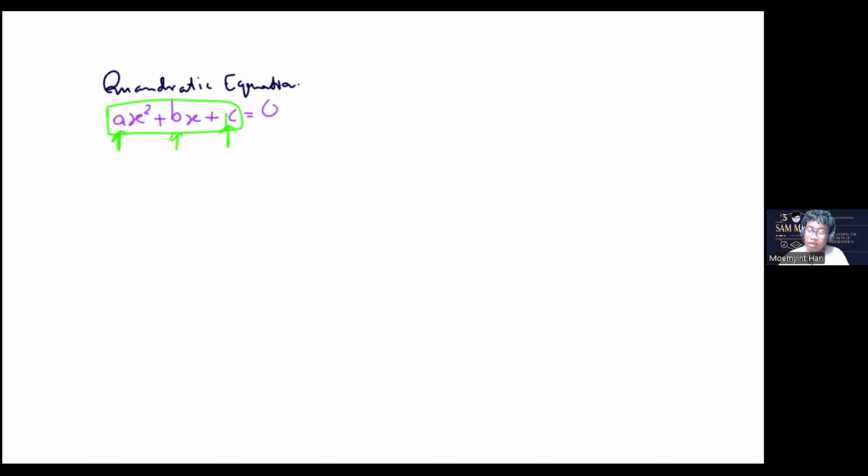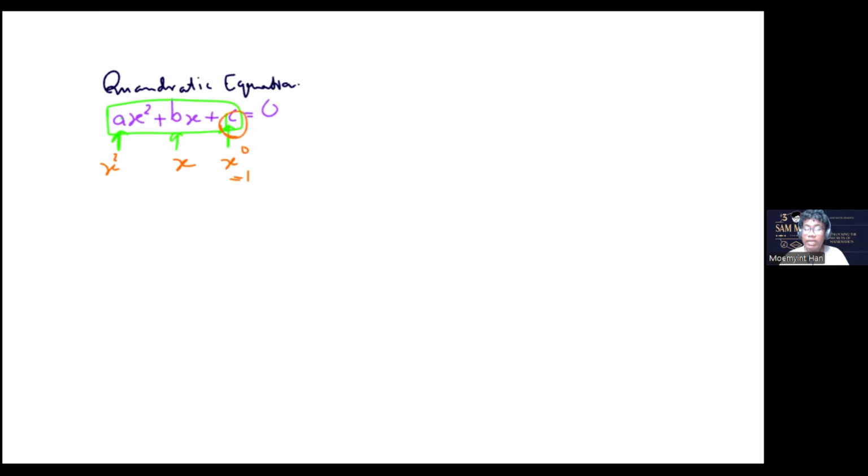A is the coefficient of x squared, B is the coefficient of x, and in terms of polynomial, we can think of C as the coefficient of x to the power of 0, which is 1. So C became a constant here, right?